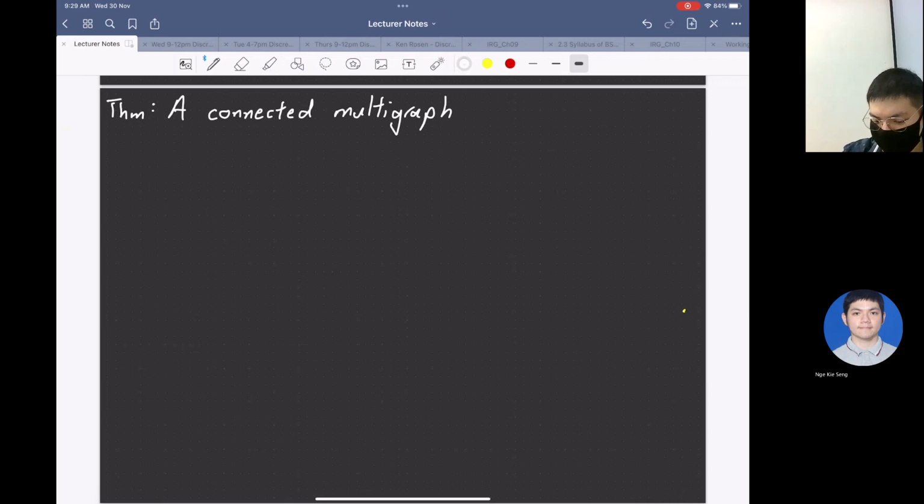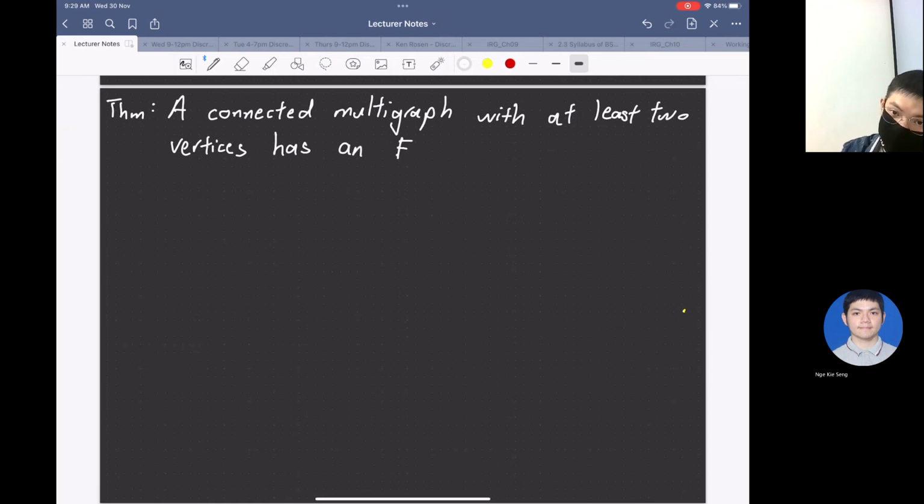So you allow multiple edges, with at least 2 vertices. You need at least 2 vertices, right? With 1 vertex you cannot form it. If you put a loop, you can.